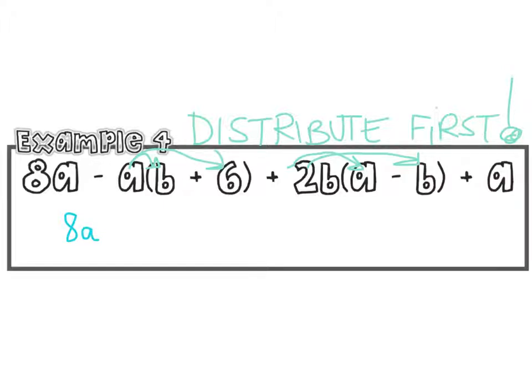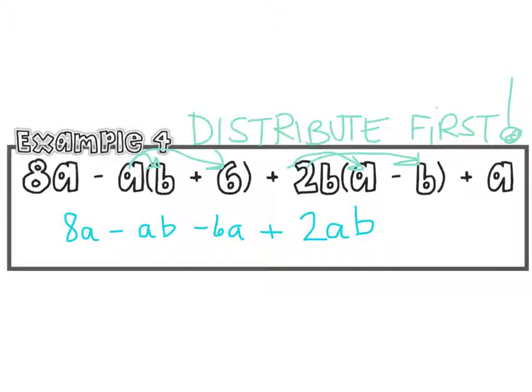Negative a times b is negative ab. Negative a times a positive 6 is a negative 6a. Okay, moving on. 2b times a, that's going to become a 2ba, but I put it alphabetically and call it 2ab.